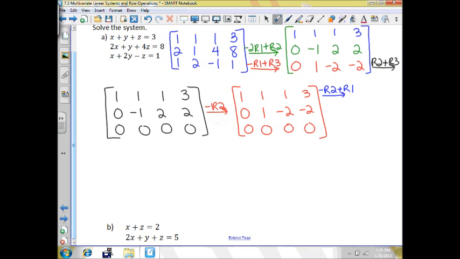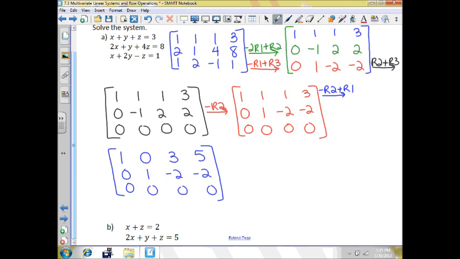So as we keep going here, negative row 2, so -0 plus 1 is 1. -1 plus 1 is 0. 2 plus 1 is 3. 2 plus 3 is 5. Then 0, 1, -2, -2, and 0, 0, 0, and 0.